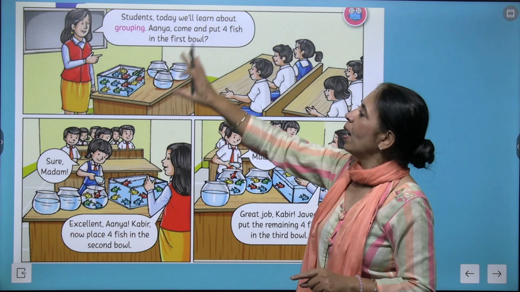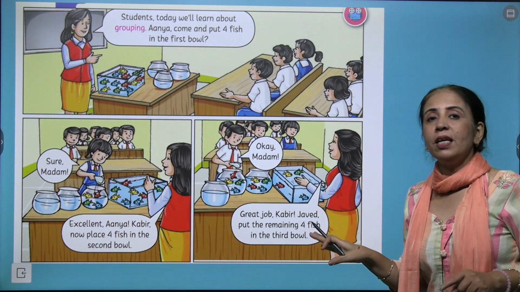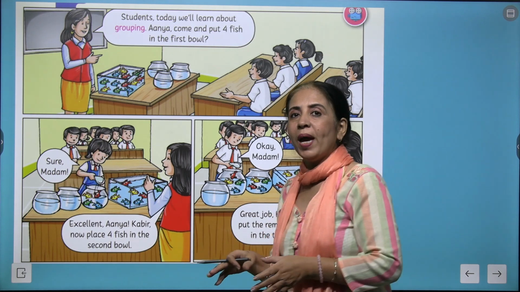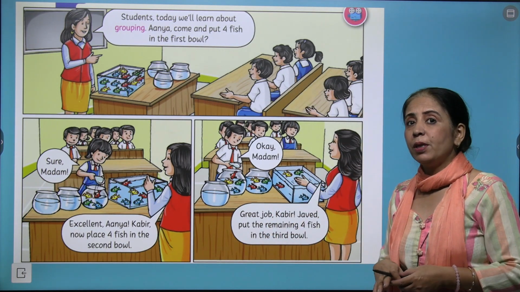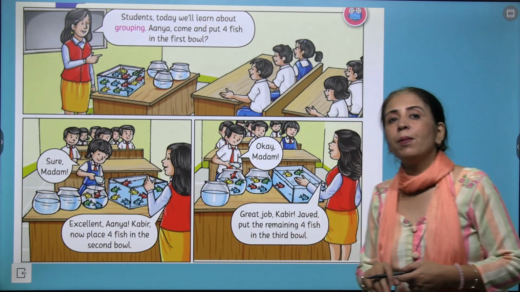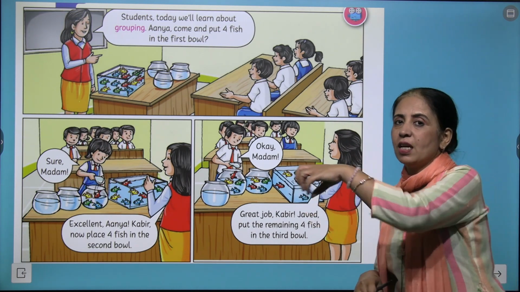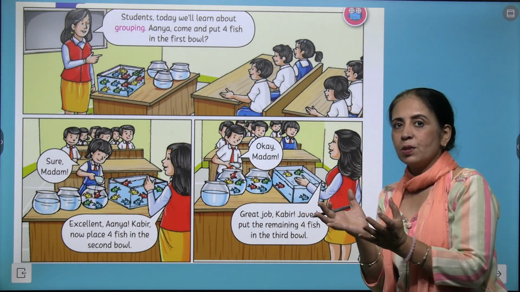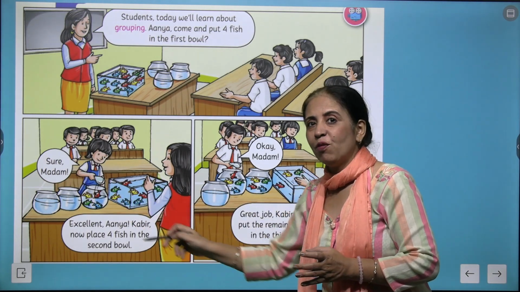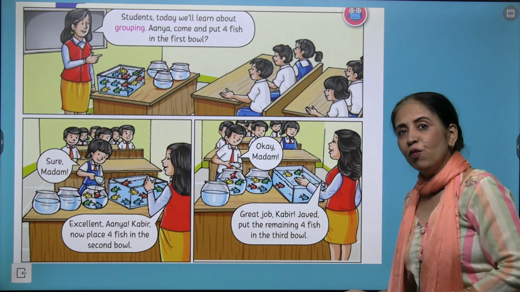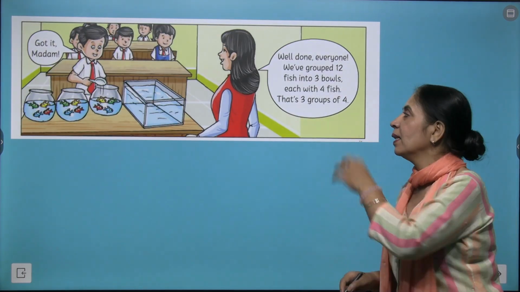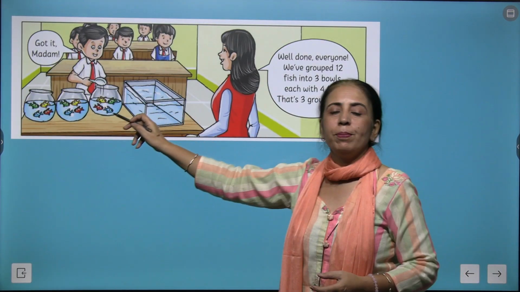So here we are going to see that a teacher is having 12 fishes in an aquarium, and every time the teacher is calling different children to come and put 4 fishes in one of the glass pots. And what happens? 4 moves out, we are left with 8. Another 4 moves out, we are left with 4. And this way the last 4 also comes out.